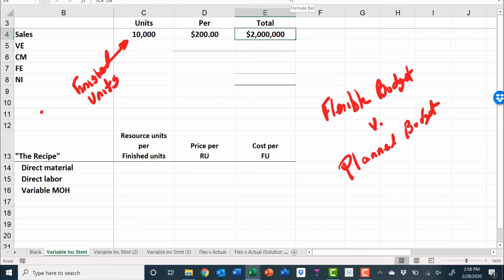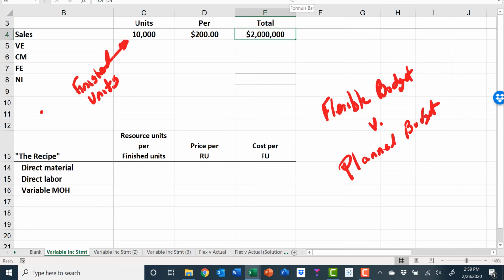Remember that when we set up this original planning budget, the idea was that this is a forward look from one point in time. So when we originally did this, we said we can sell 10,000 units at $200 a piece for 2 million. You can equate this back to part 2 of the project that you did when I asked you to do this kind of income statement.